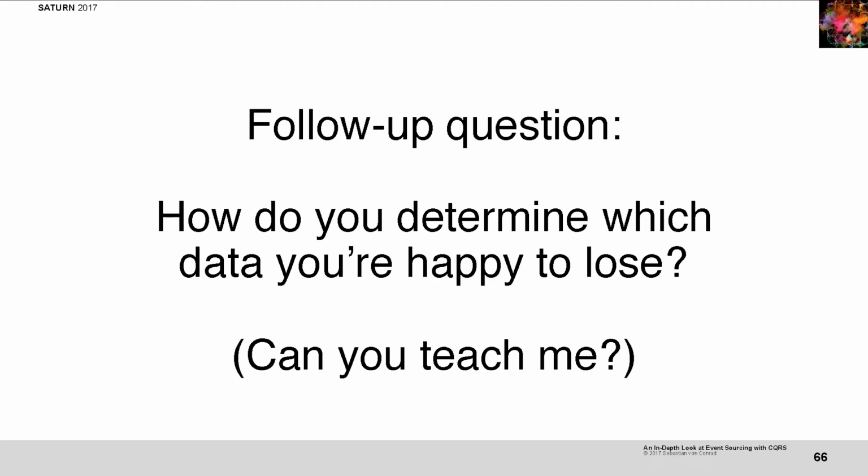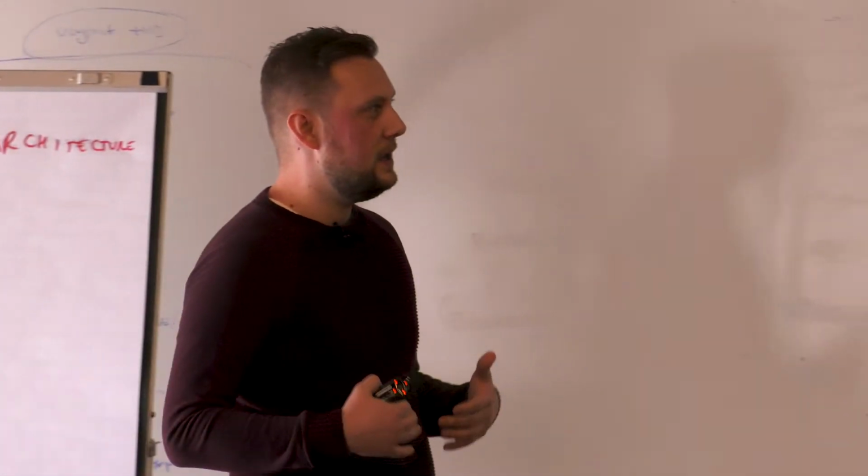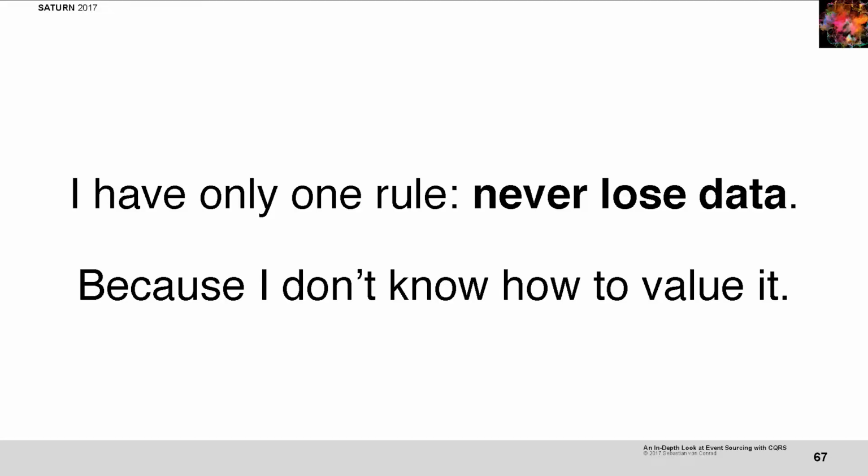So my follow-up question to you then is, how do you determine which data you're happy to lose? And if you know the answer to this question, then come talk to me afterwards, because I really want to find out, because I have never been able to figure out which data we can just drop on the floor.